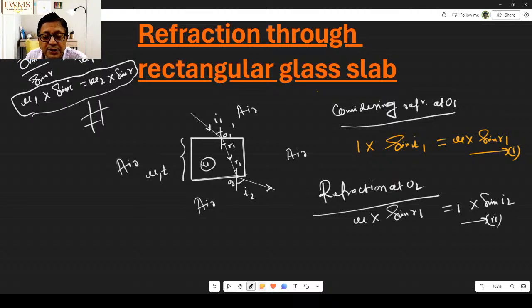Now let us multiply these two equations, multiplying 1 by 2.